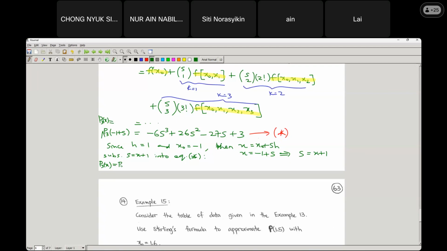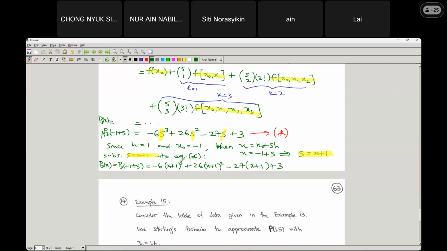P3(x) is equal to P3(-1 plus s), and now I substitute the s with the x. I substitute this s, this s, and this s with this one. So now I will have -6 times (x plus 1) cubed plus 26 times (x plus 1) squared minus 27 times (x plus 1) plus 3.